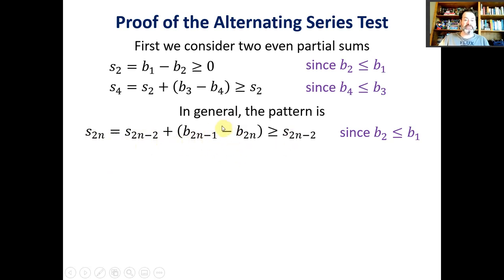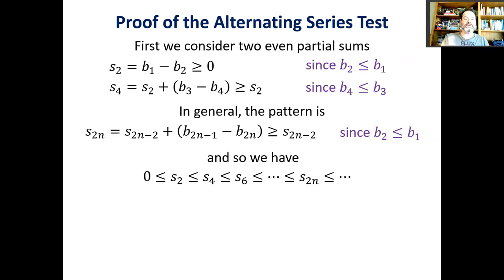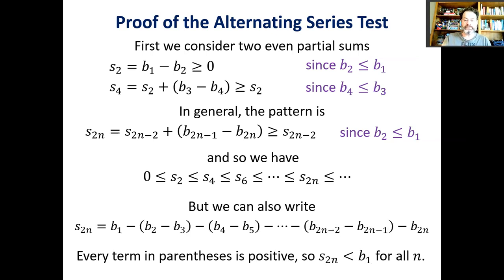And that positive number makes it bigger than the previous partial sum. So we're adding positive numbers every time we take an even partial sum. Right? And that's what that says. So our even partial sums continue to get larger. Or stay the same size, but for now, let's just think of them as getting larger. But we have another way to write an even partial sum.